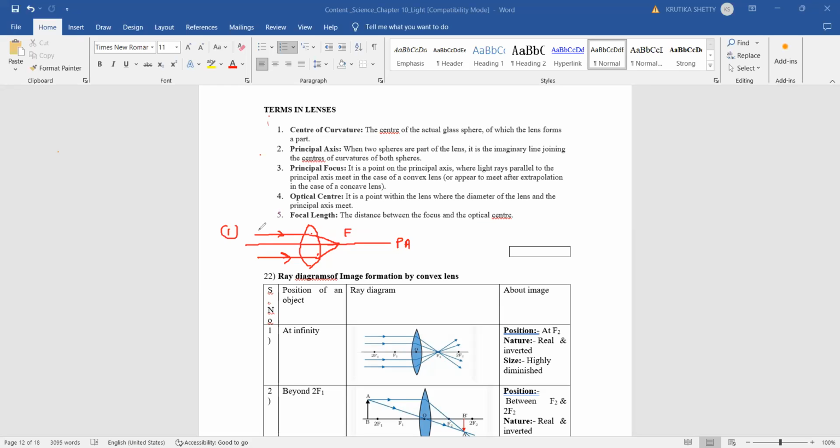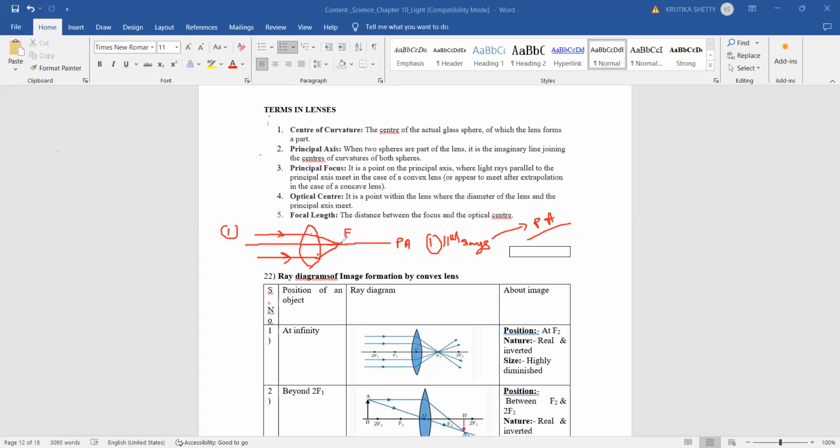So this is the first type of ray, parallel rays. These rays are parallel to a principal axis. If the rays are parallel to principal axis, then always they will pass through the focus.